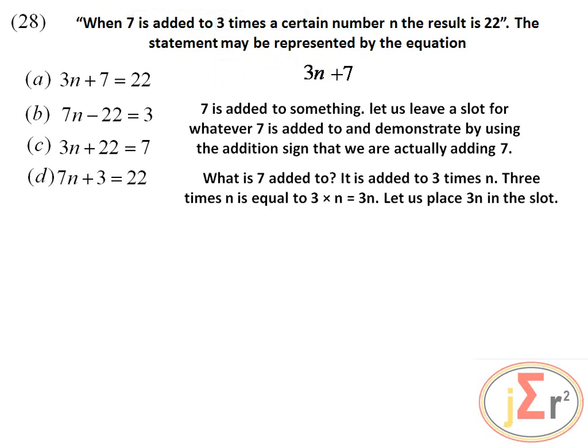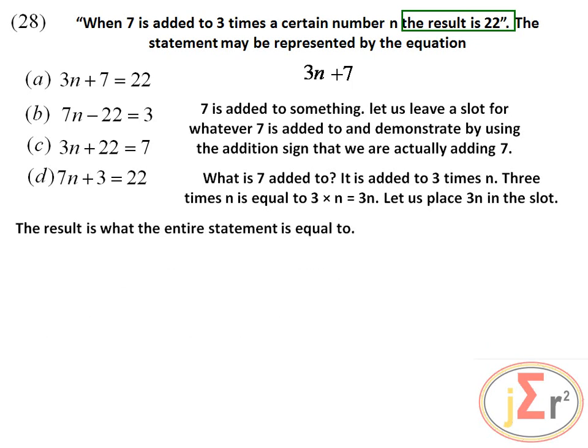So 7 is added to 3 times n, that is what we have there. The result is 22. The result is what the entire statement is equal to, 22. The correct answer is option A.